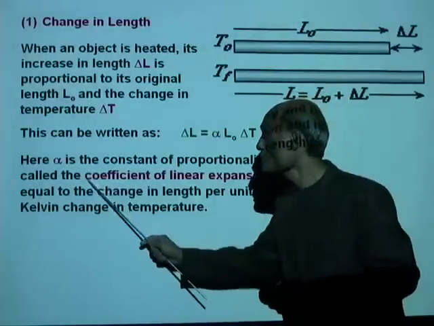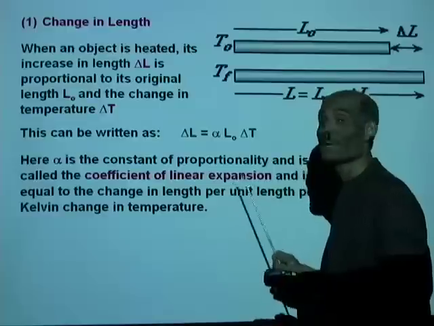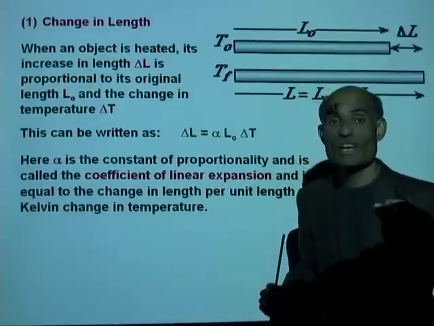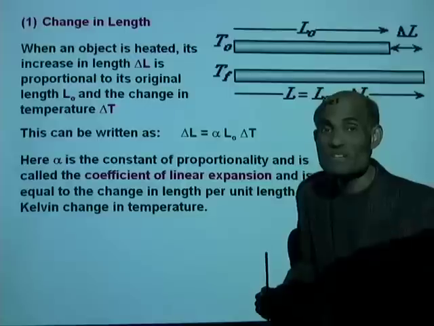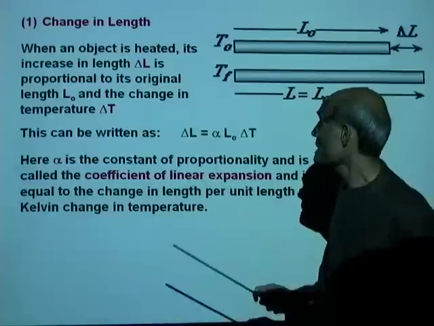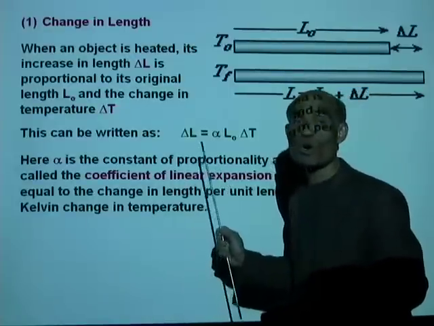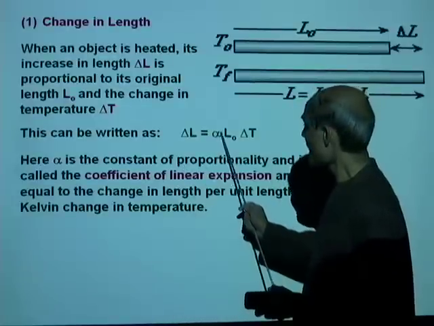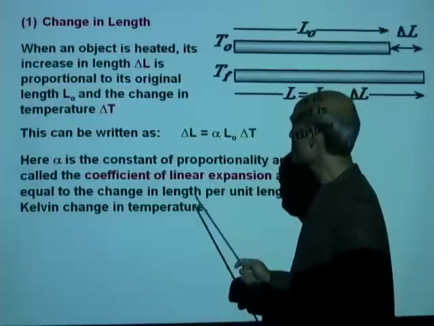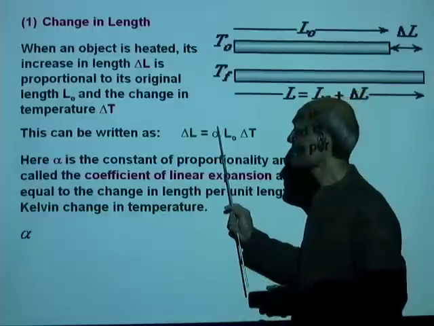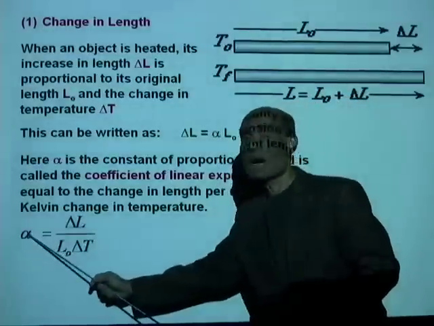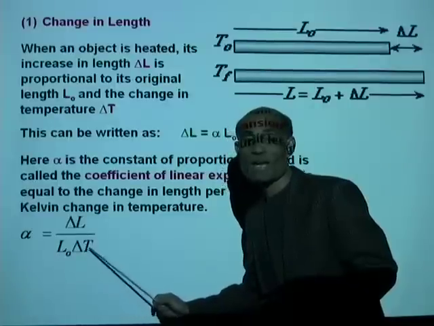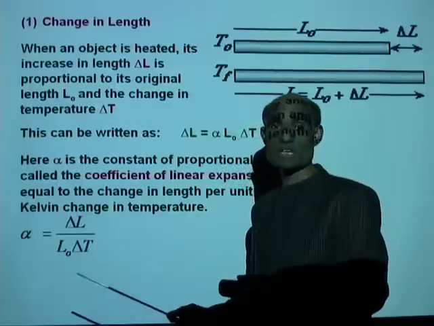It is called the coefficient of linear expansion, or sometimes it's called the linear expansivity. Alpha is a constant called the coefficient of linear expansion. And what is the value of that? If you write an equation for it, alpha equals delta L divided by L0 delta T.